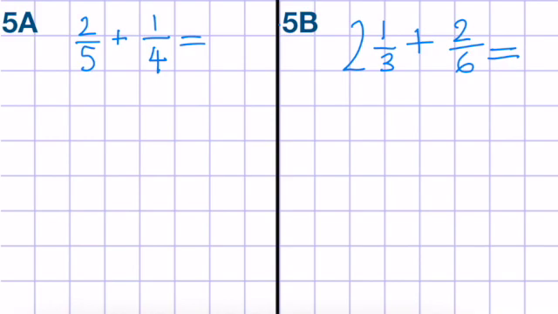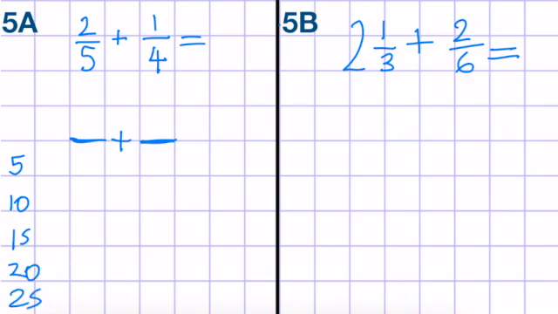Okay. 2/5 add 1/4. We can't do that because they are different denominators. So we're going to draw our fraction line there underneath, ready for our new fractions, because we need to change the denominator to make them the same. So I'm going to write out my first 5 multiples of 5. 5, 10, 15, 20, 25.